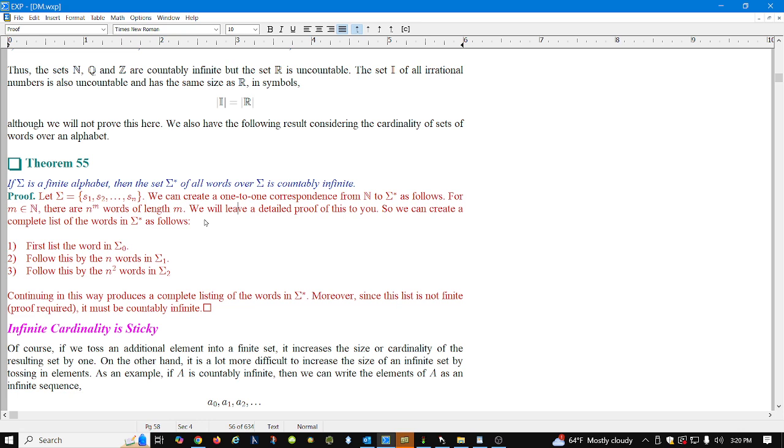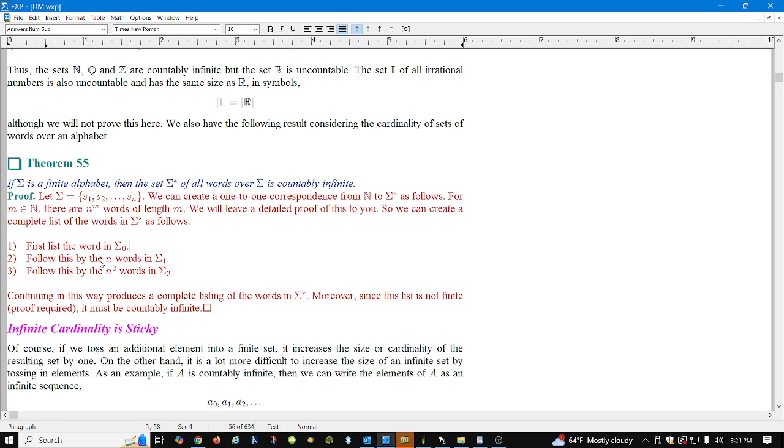So, to create a complete list of the words in sigma star, we can first list the one and only word in sigma naught, which is the empty word, the only word with length 0. Follow this by the words in sigma sub 1, words of length 1.